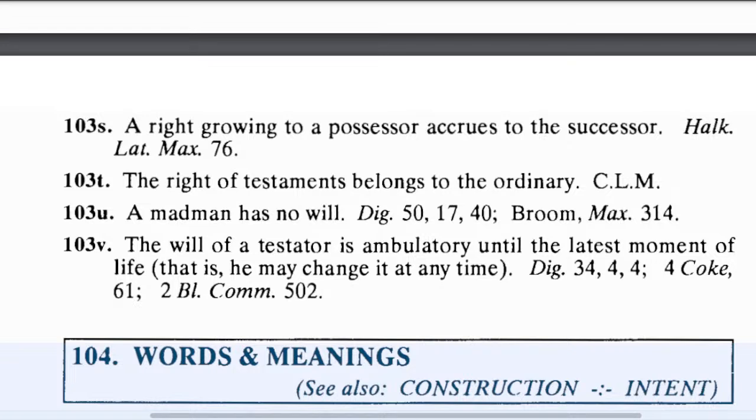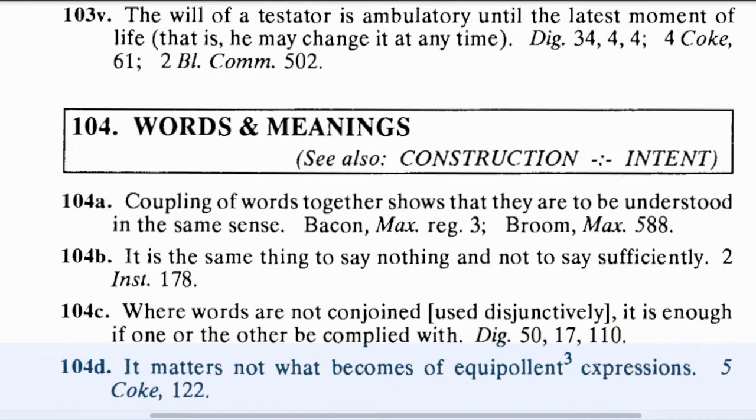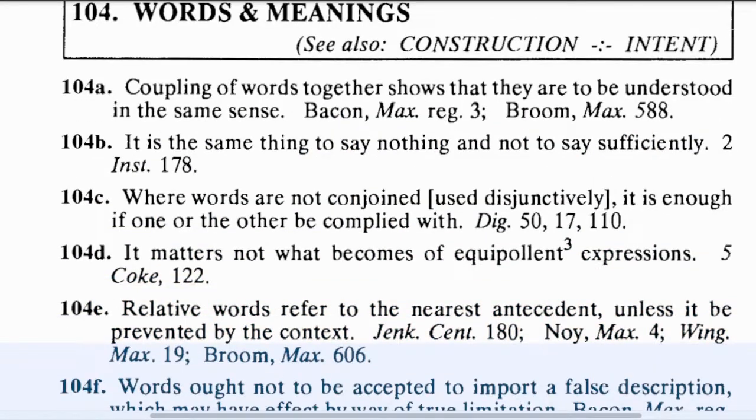We're going to be starting with words and meanings. See also construction and intent, which we have already gone over previously. A coupling of words together shows that they are to be understood in the same sense.